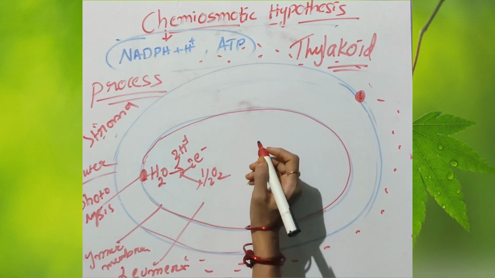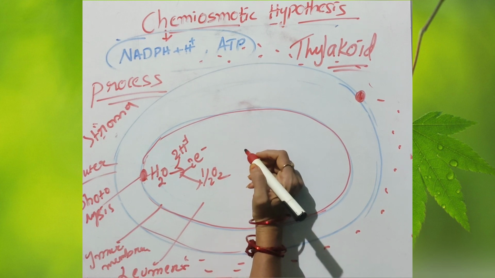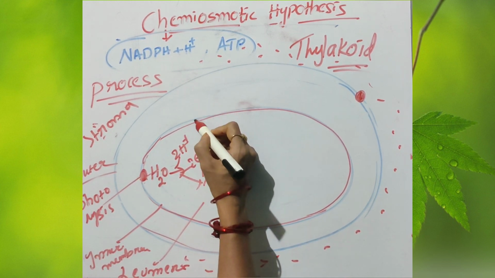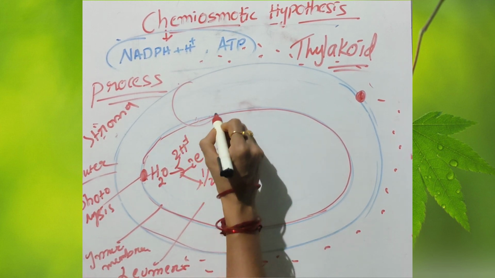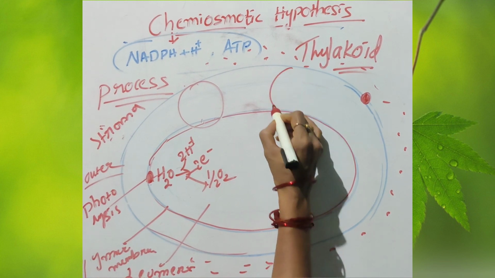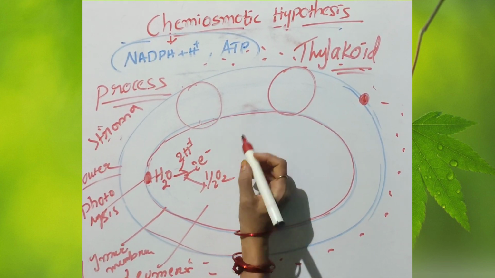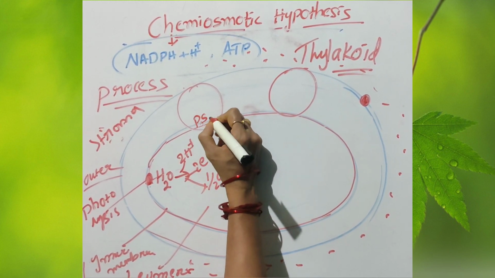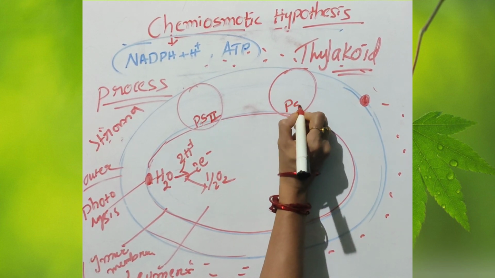Next, coming to non-cyclic photophosphorylation. What is the main location of non-cyclic photophosphorylation? It is in between the outer and inner thylakoid membranes. Two photosystems are observed there. The first photosystem is photosystem 2, the second is photosystem 1.